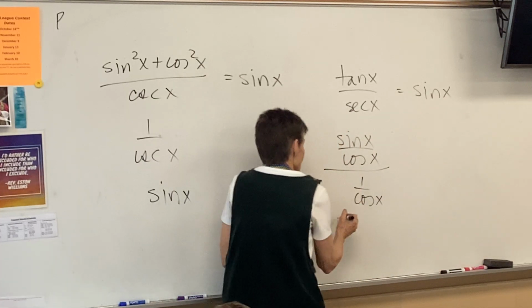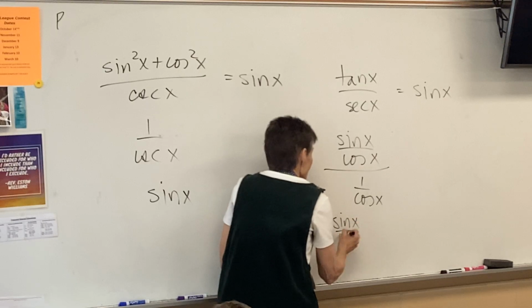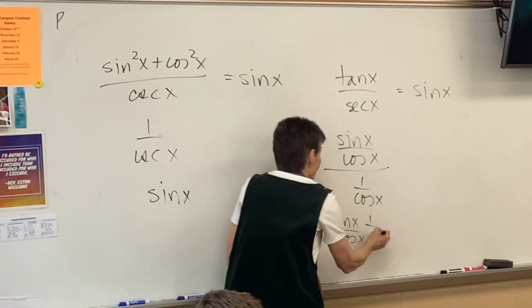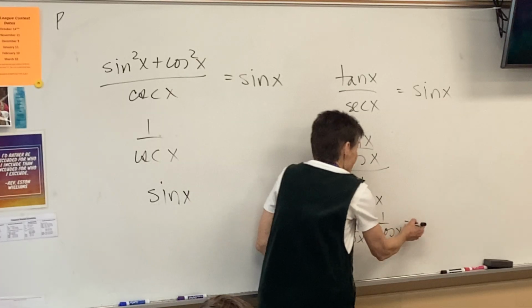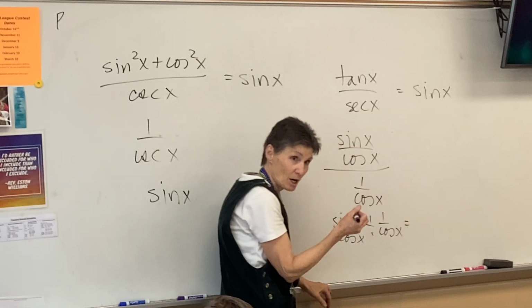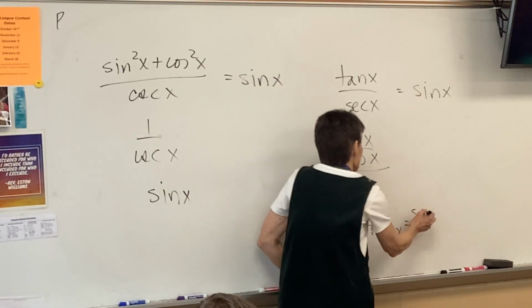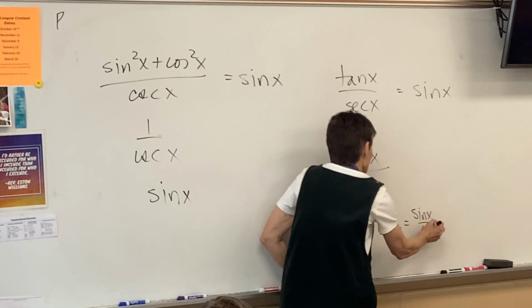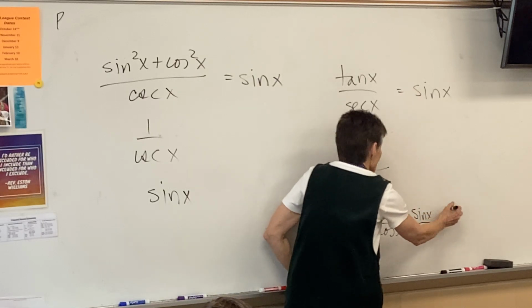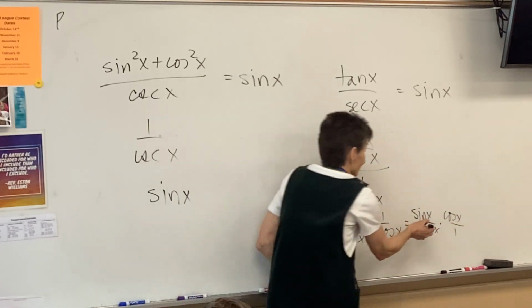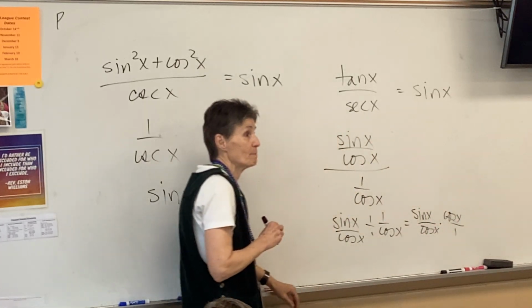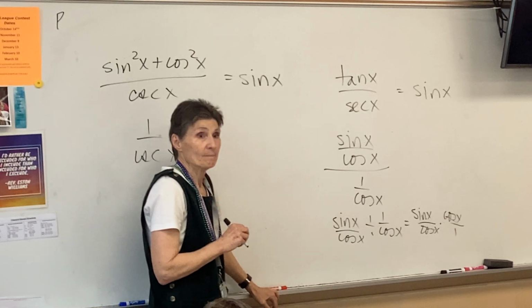So isn't this sine over cosine divided by 1 over cosine, which means keep change flip? So sine over cosine times cosine over 1, and that ends up just being sine.